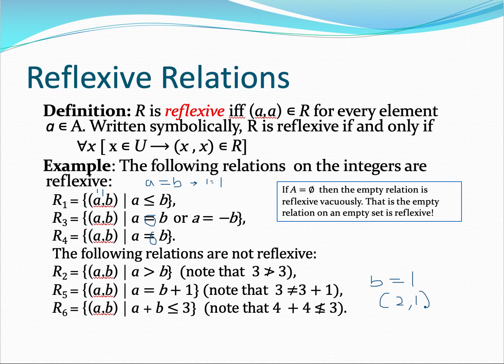This pair here is not of the form (x, x), so obviously it is not reflexive. The same goes for R6.